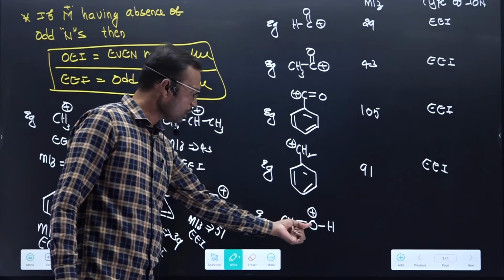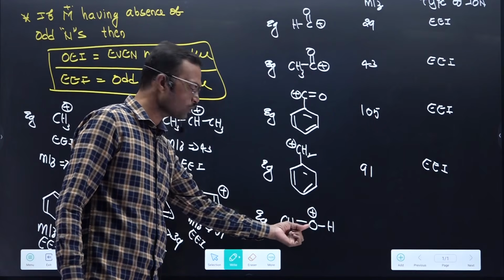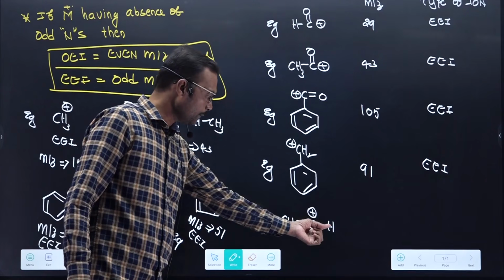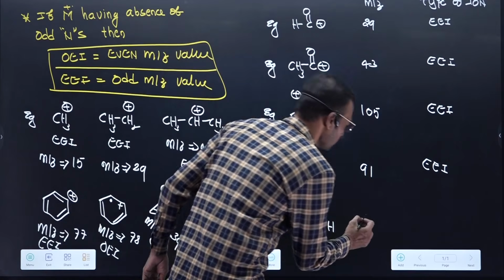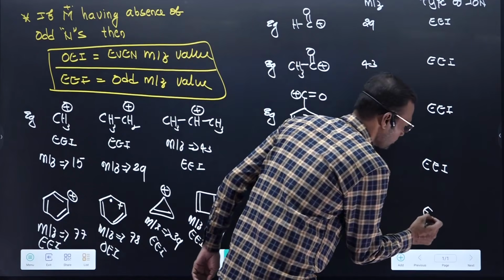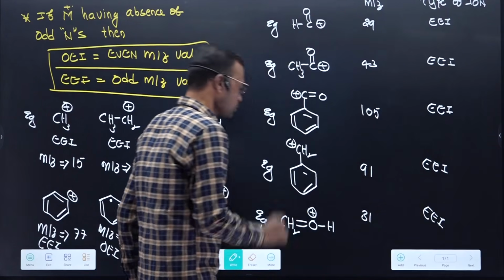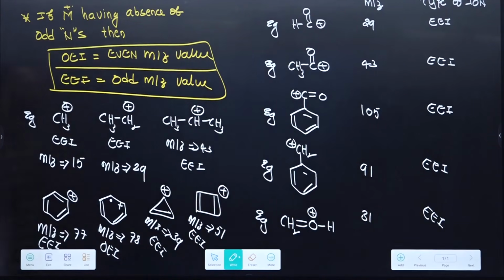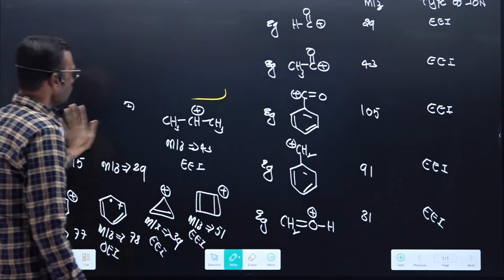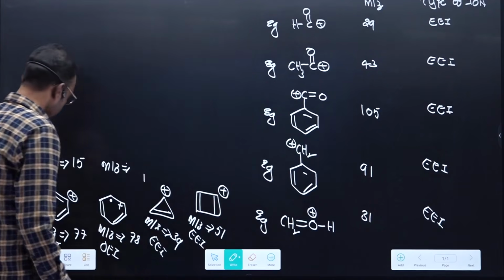Otherwise, assume every oxygen is a carbon: 12 plus 12, 24, plus 4, 28, 29, 30, 31. So now it is 31, and it is an even electron ion. There is no nitrogen, but it is an even electron ion. Like that we can write many examples. So that is about some selective examples of even electron ions and their corresponding m/z values.